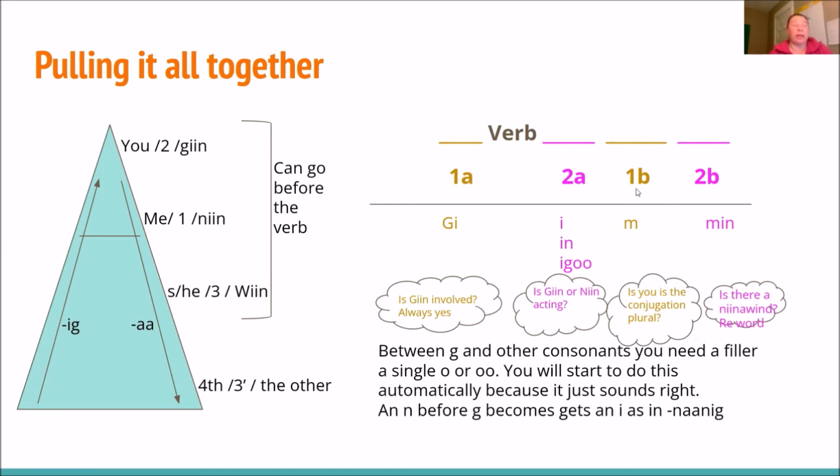And then we come to our 1B spot, and that's where we're talking about pluralizing the ge that came at the beginning of the conjugation. So is use plural? If so, add an M. And then the only exception is if it's to us, if it's you or use acting on us, then you're going to want to use min instead, because it's good for both the singular and the plural.